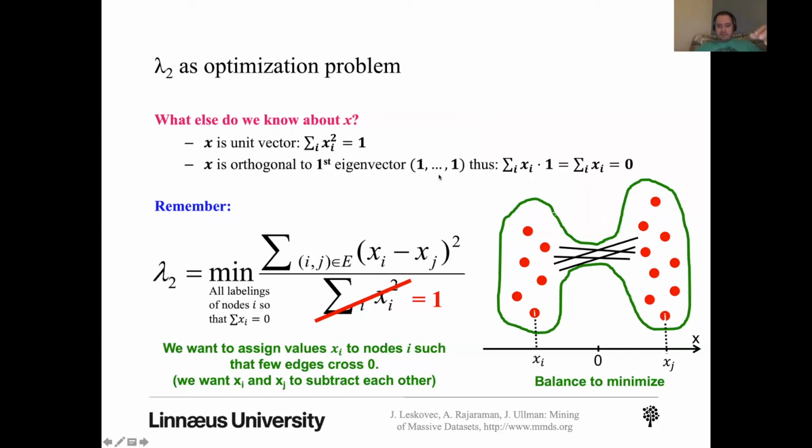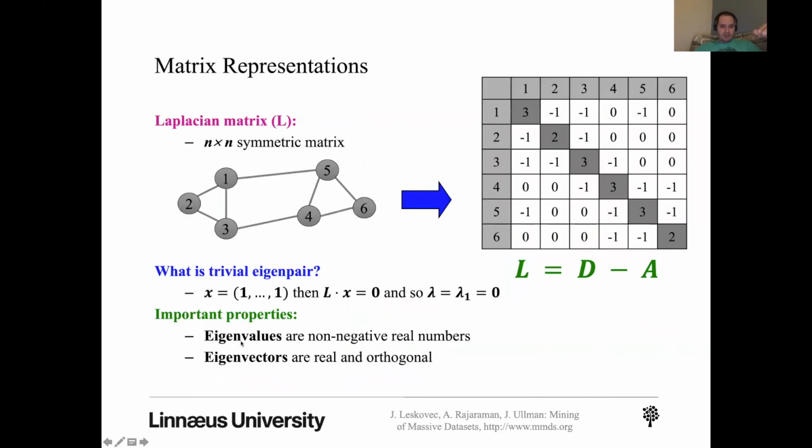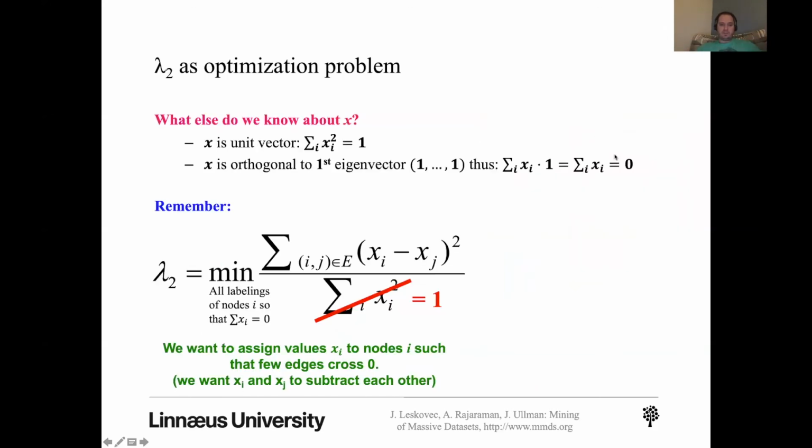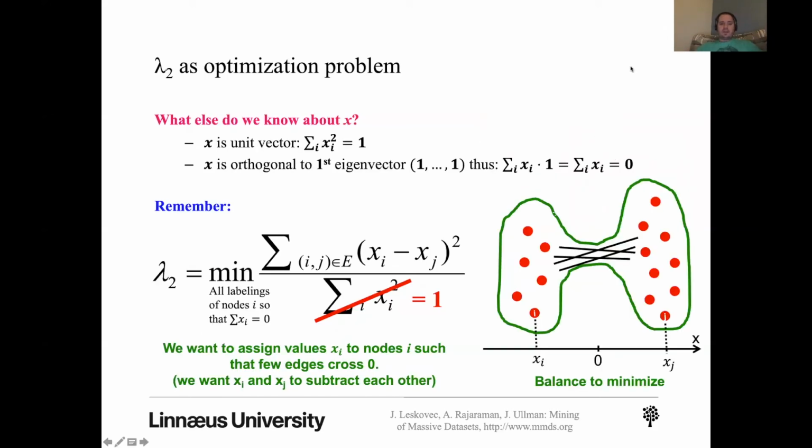That's a definition that we had here. The eigenvectors are real and orthogonal, and that's again because the matrix is square, symmetric and real. So the eigenvectors are necessarily orthogonal to each other. So if the first eigenvector is this one, 1 1 1 1 1 1 1, then the second eigenvector has to be orthogonal to this one.